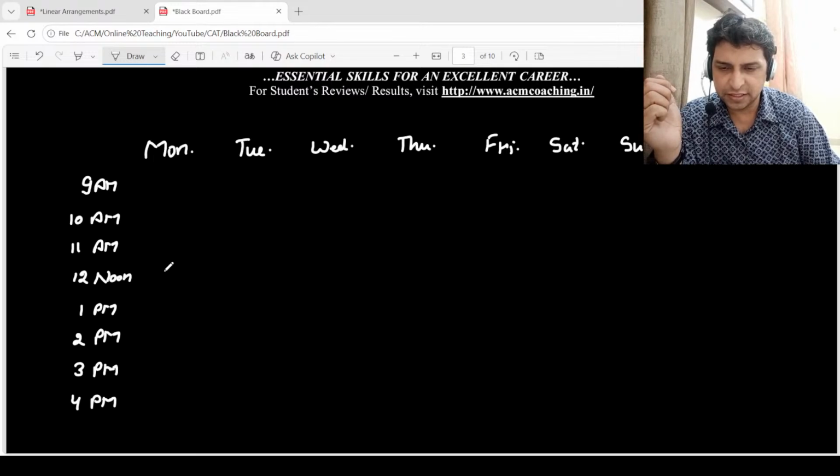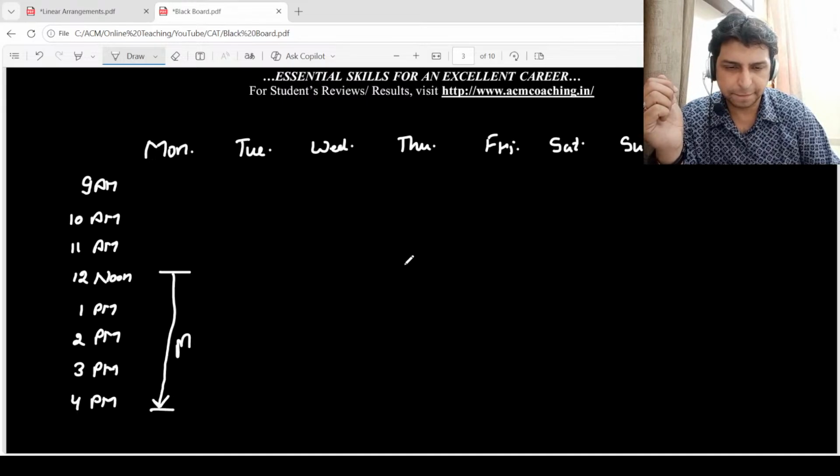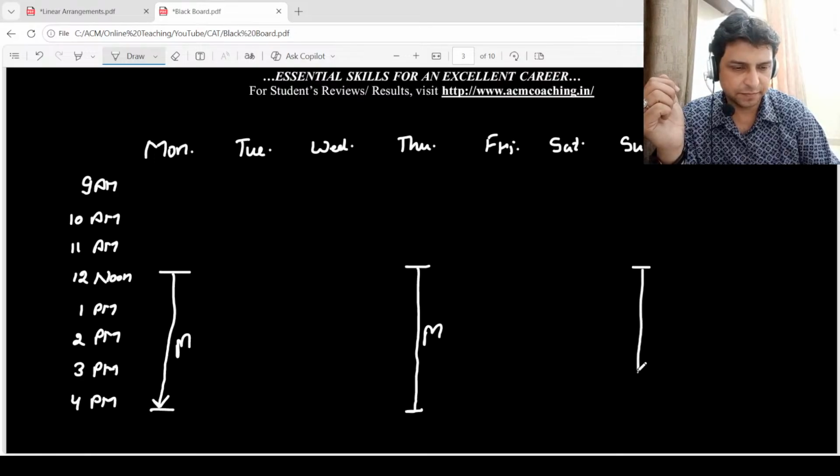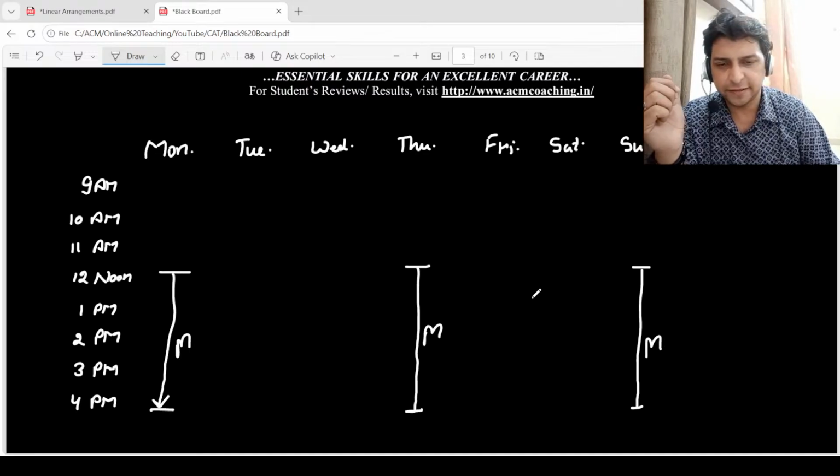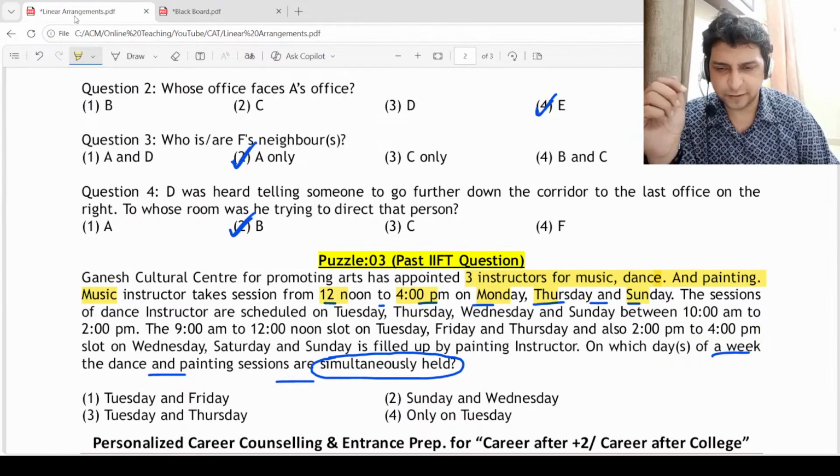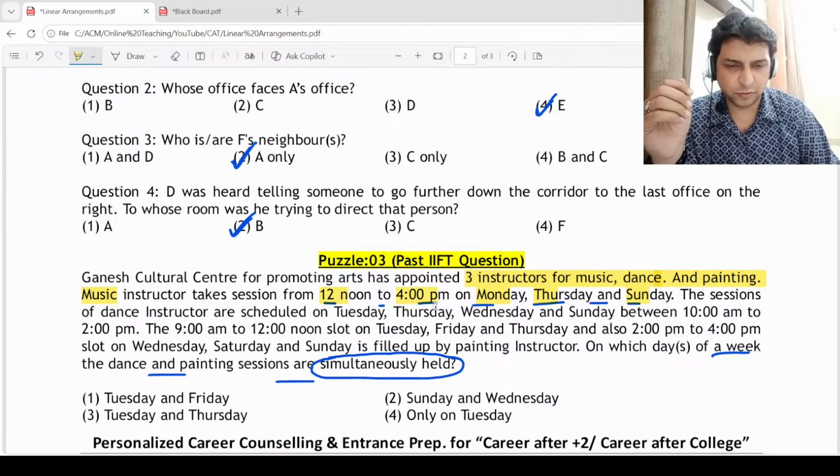So Monday, till here, this will be with music. Thursday, music, and Sunday is also for the music instructor, right? So we're going to overlap the things now.